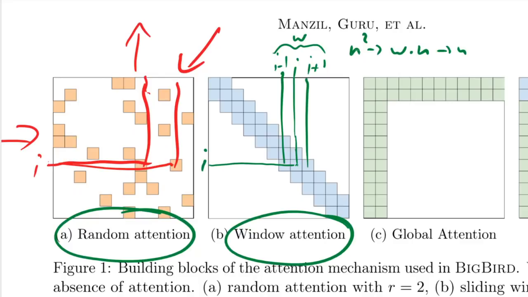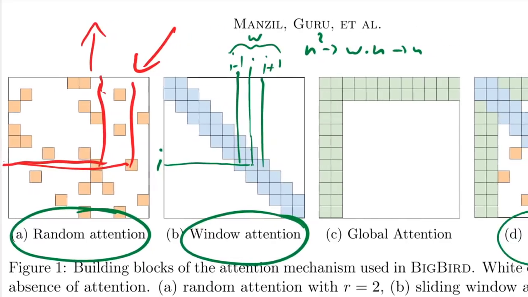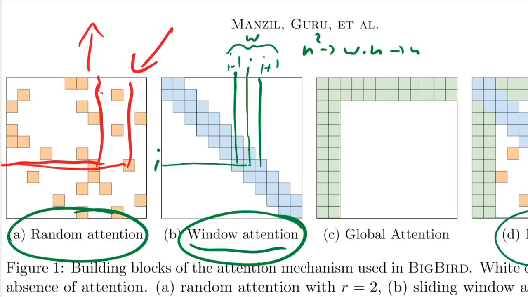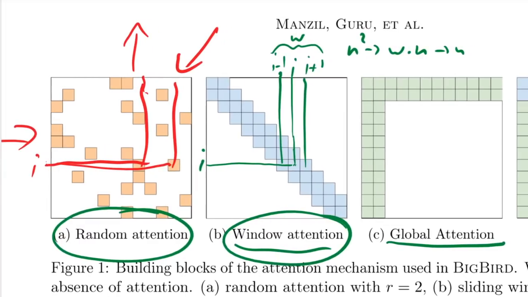I've made a video, or I think even 2 videos, on the Longformer, which used exactly the window attention in combination with the global attention. And if you want to know more about that, go watch these videos. But the new thing in BigBird right here is this addition of the random attention.